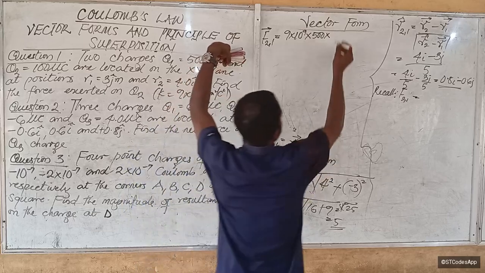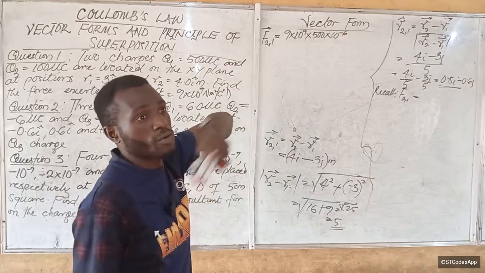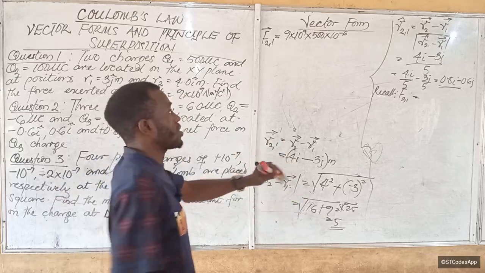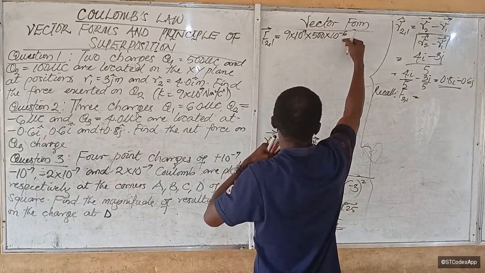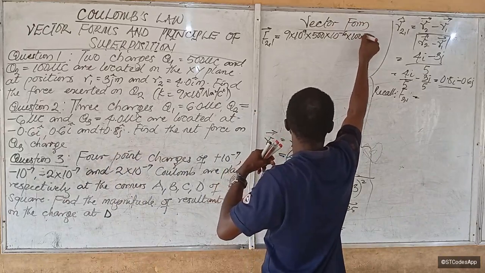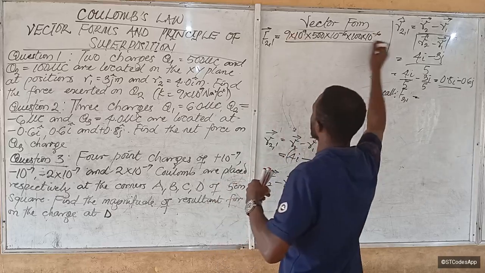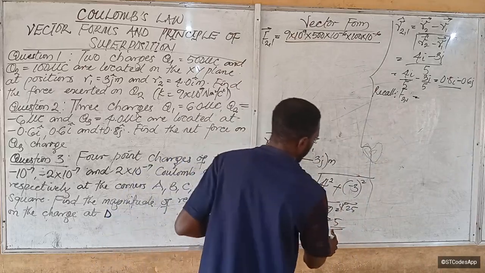I'll link the video in the description where I talked about all the notations that we use: micro, nano, pico, etc. So times 10 to the power minus 6, times 100 times 10 to the power minus 6, all over the magnitude, which is 5.